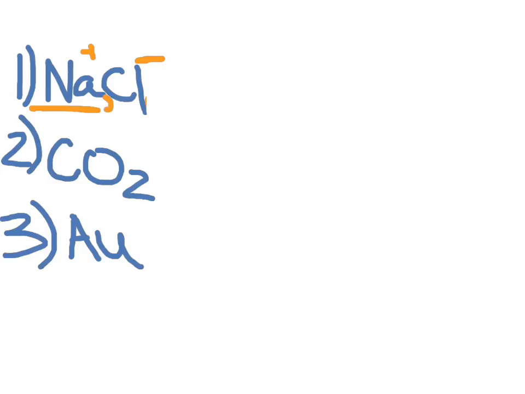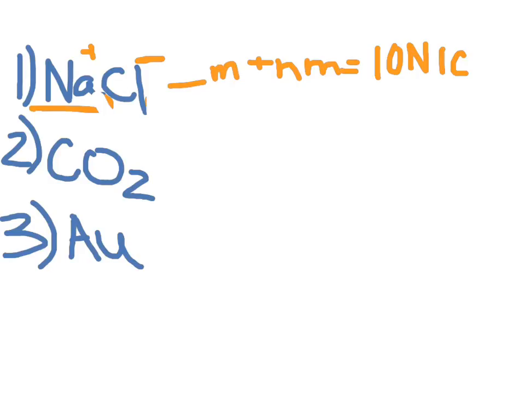Just a little review there. So, a metal and a non-metal equals what type of bond? Ionic. So know this: a metal and a non-metal is an ionic bond.